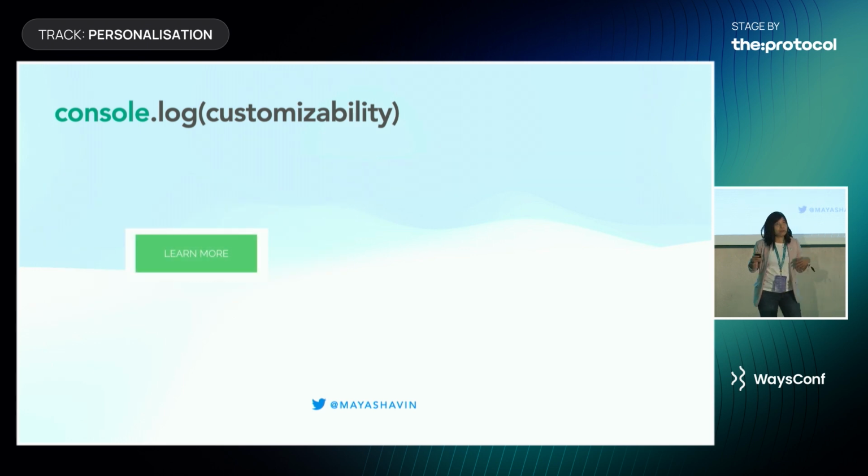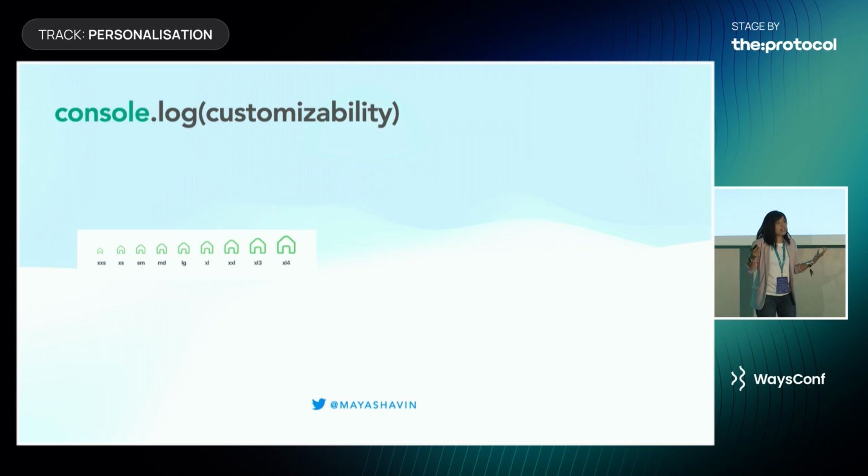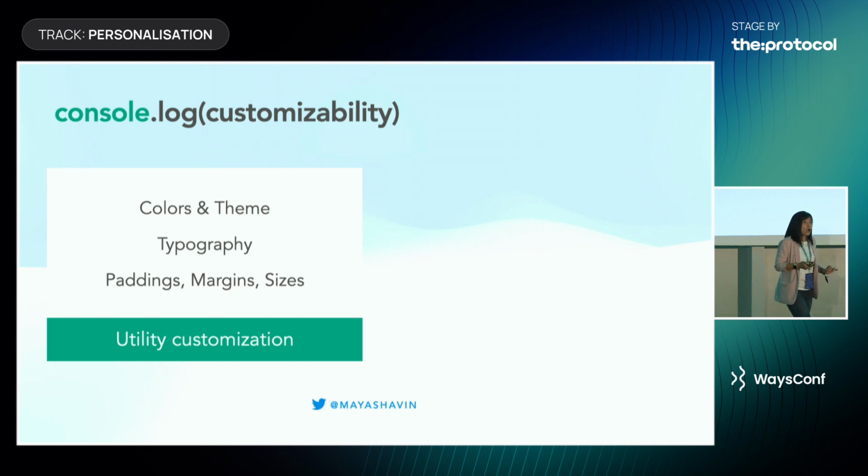Well, the first part of customizability is color and padding and typography and even size. Like you can provide 1,000 different sizes, you're still missing one size. The developer may or may not want this size. That's called utility customization.